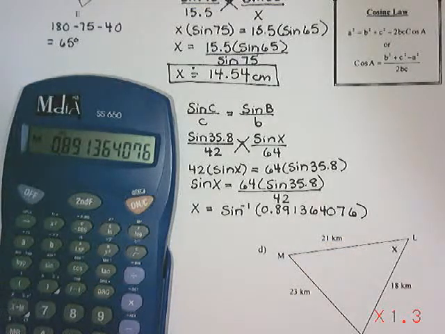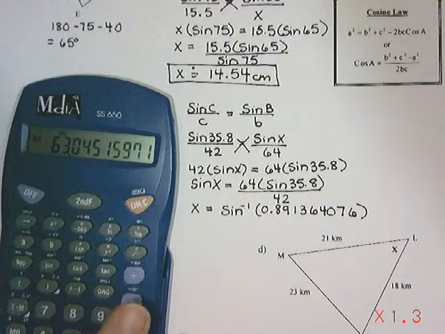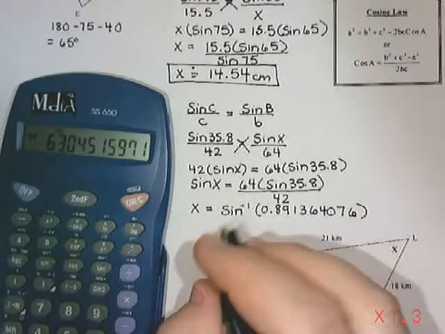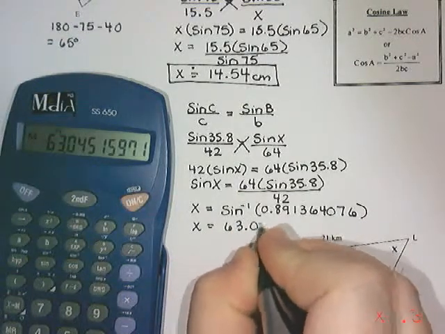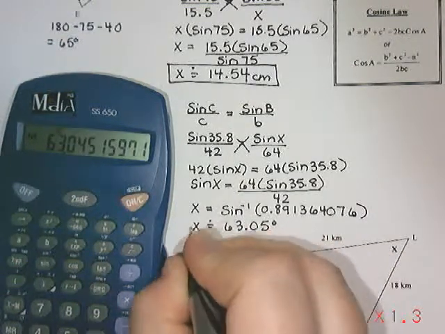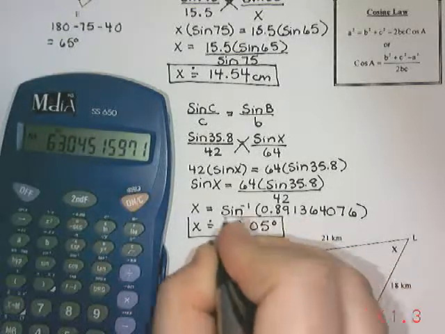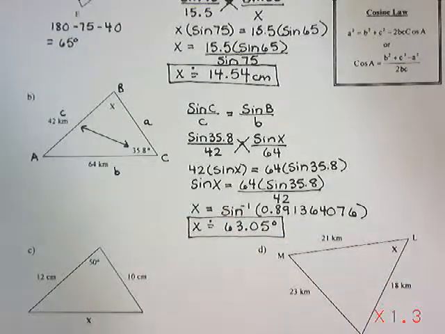And then I want to do the inverse sine of that. And I get 63.05 degrees. And I did round that, so I put the dot on the equal sign. And there we go.